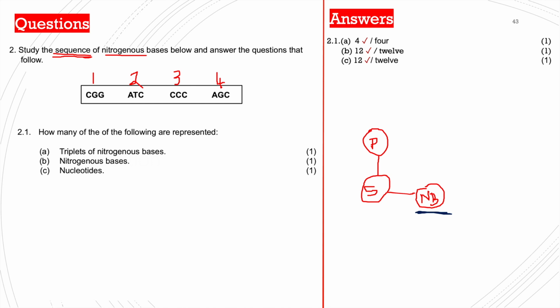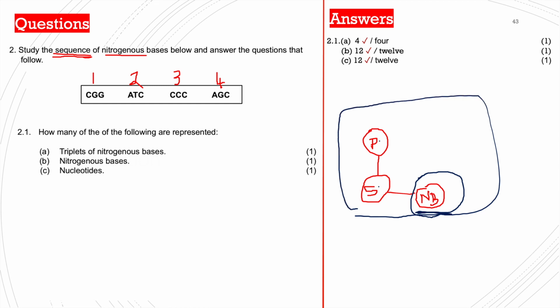Okay? They travel with a sugar portion and a phosphate group. So even though we are just given the nitrogenous base, there is only one nitrogenous base in each what? In each nucleotide.